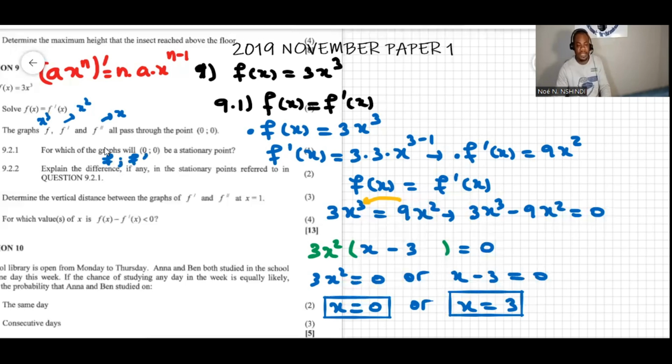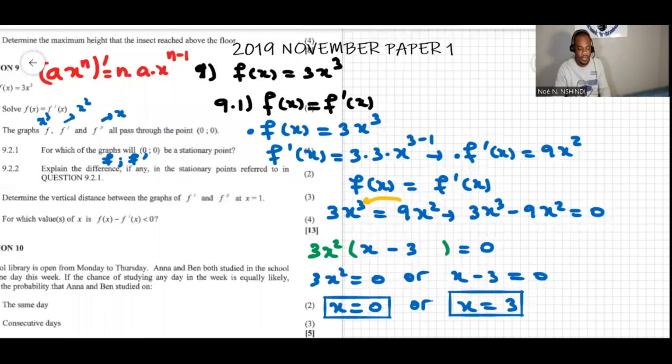Now question 9.2.2 says: explain the difference, if any, in the stationary points referred to in question 9.2.1. For f, the stationary point here is a point of inflection.